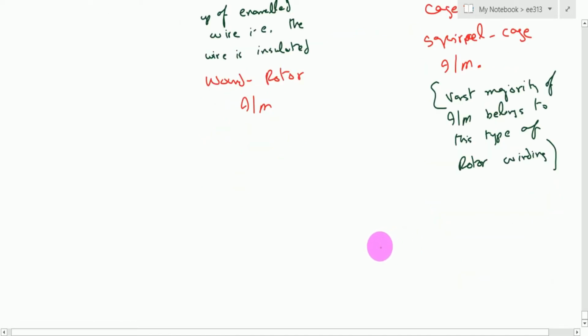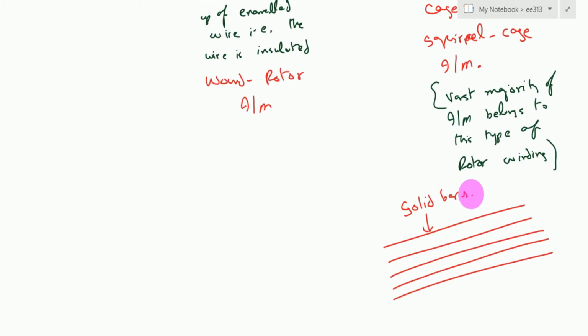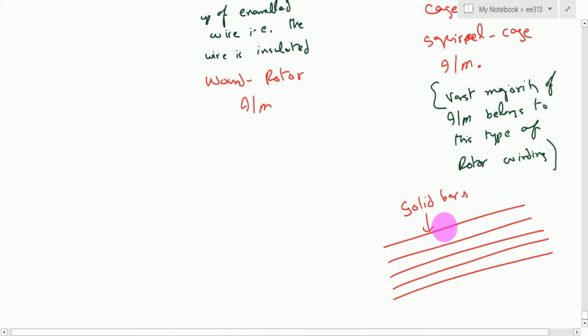Let me draw the squirrel cage here. So we have shorted bars here. These are solid bars. Instead of using conductors, a squirrel cage machine has solid bars which are slightly longer than the actual length of the rotor, and there are slots inside the rotor where these solid bars are placed.